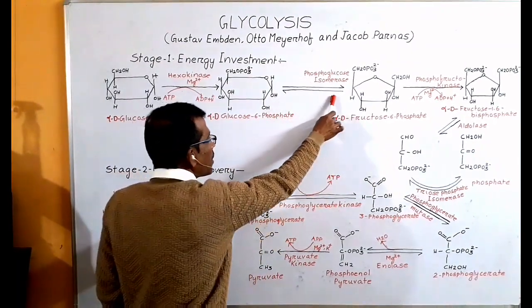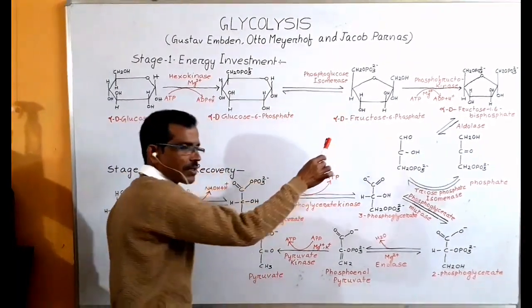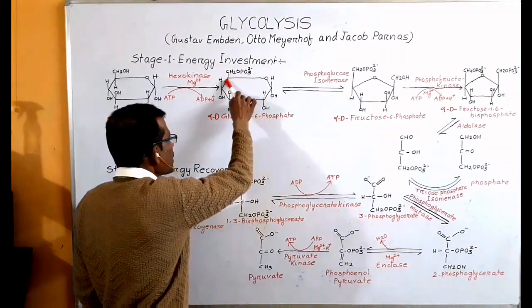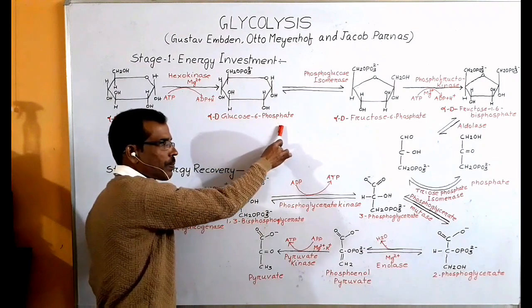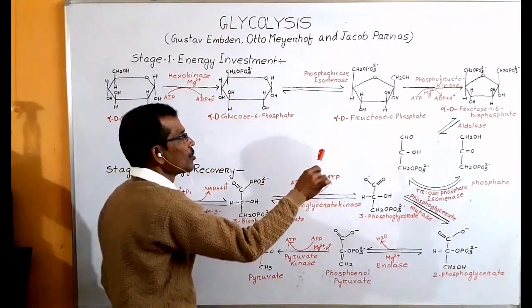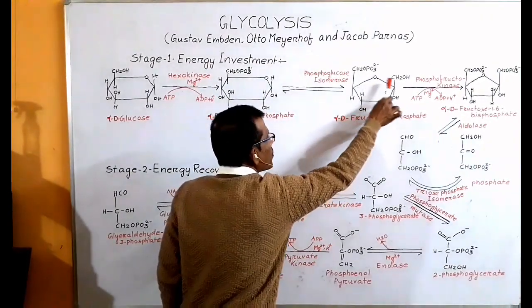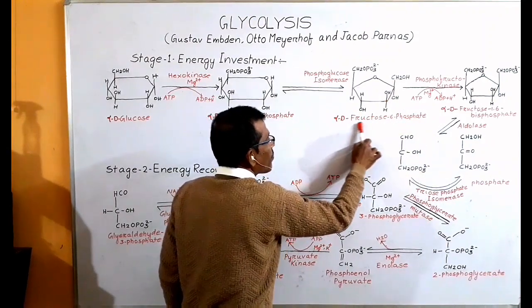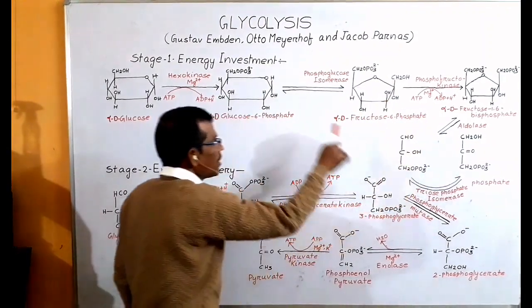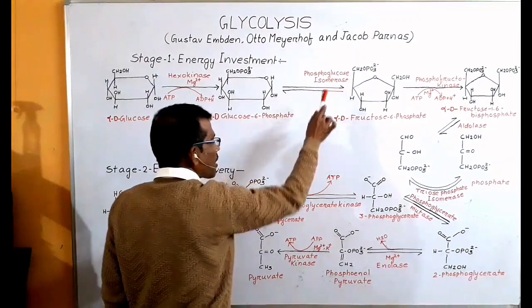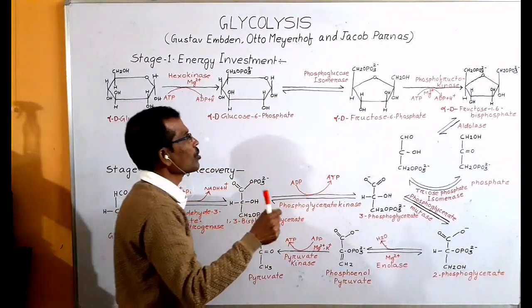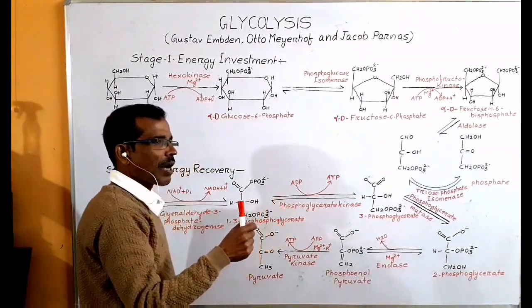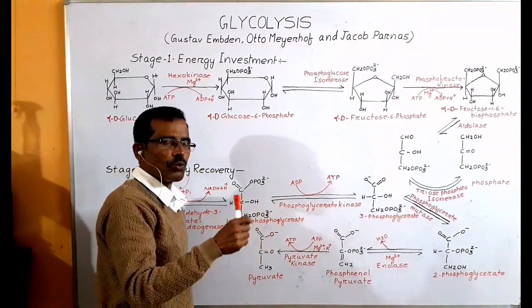This reaction is an isomerization reaction in which the 6-membered pyranose ring of alpha-D glucose 6-phosphate is converted to the 5-membered furanose ring of alpha-D fructose 6-phosphate. This isomerization reaction involves a shift in the position of carbonyl oxygen from carbon 1 to carbon 2.